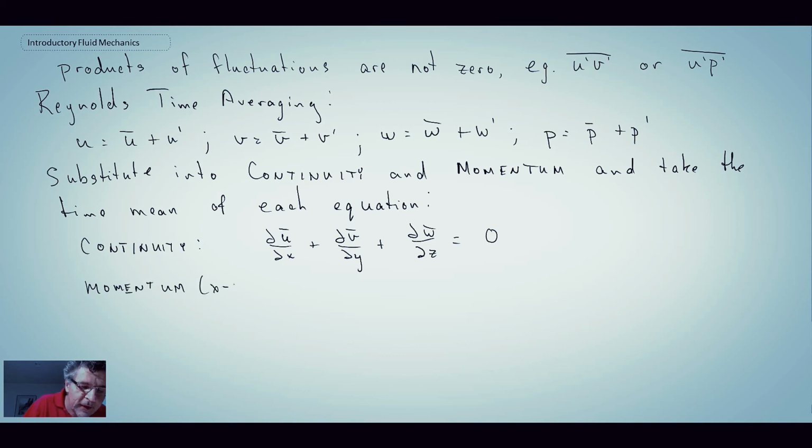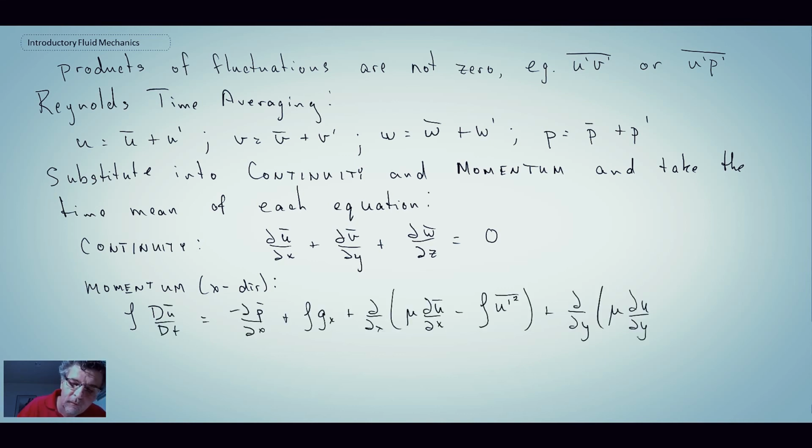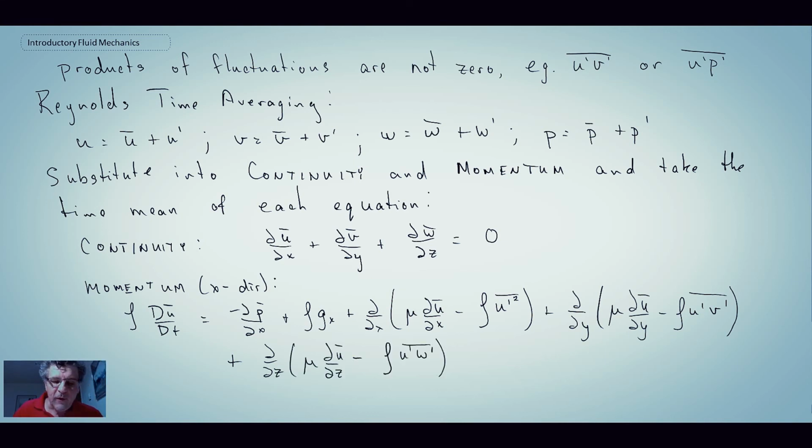And here we're going to look at the x direction of the momentum equation. And when you do this, you get kind of an interesting new form of the governing equation.